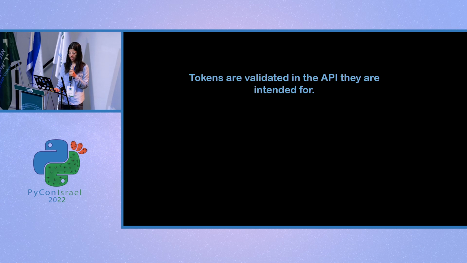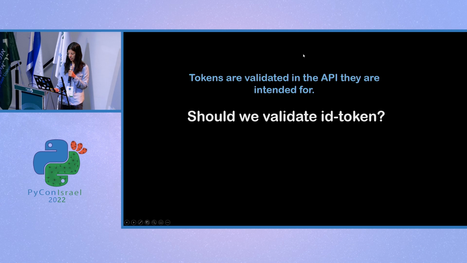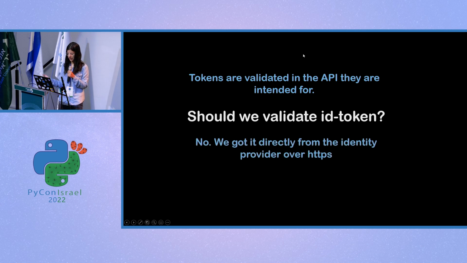Tokens need to be validated in the API that they are intended for. So in this example, the ID token was supposed to be validated, but because we get it directly from the identity provider, we'll skip the validation. We got it over HTTPS, and this is considered secure enough by the standard.